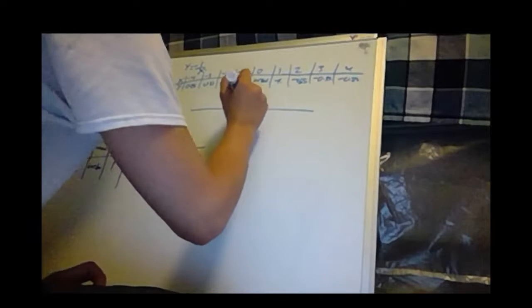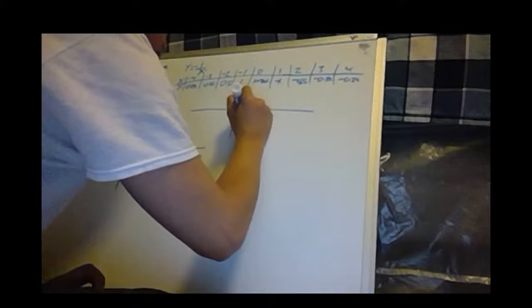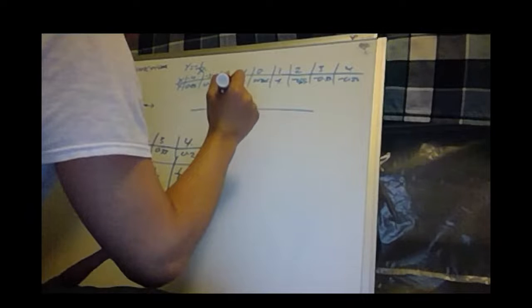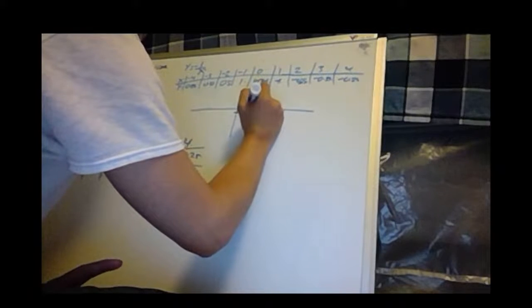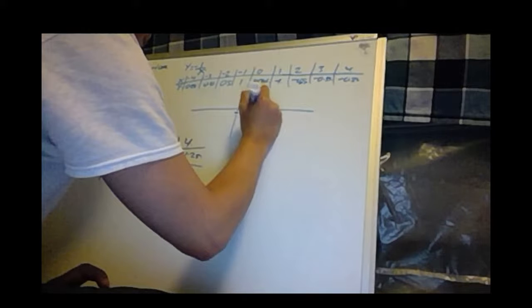So for the graph we have negative 1 over 1, that's negative 1, obviously. Negative 1 over 2, that's negative 0.5.